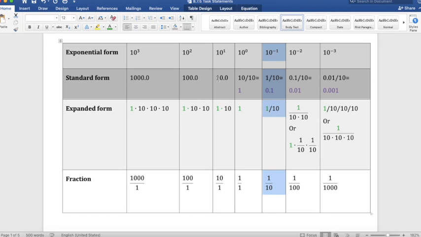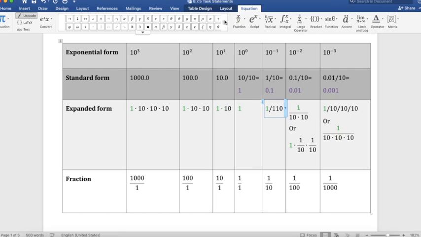I noticed that 10 to the first is 10, and 10 to the negative first was 1 over 10, or 1/10. And my expanded form was 1 times 10, and over here the expanded form should really say 1 times 10 if I'm being consistent.